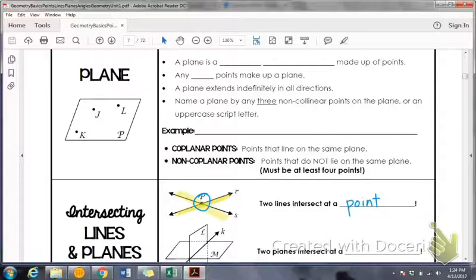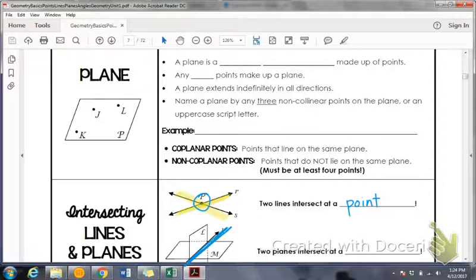And then the last thing says that two planes intersect at a, what do you think? You guys see here, these two planes are crossing at this line. You guys see that?